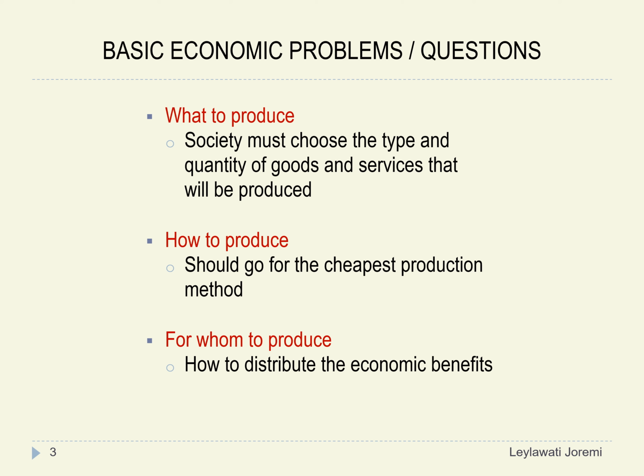So now comes the second question, or the second problem. I want to produce pastries, cakes, buns. I want to open up a bakery shop. But how am I going to do this? How to produce these items? We should choose the cheapest production method. We have two types of production: labor intensive or machinery intensive.